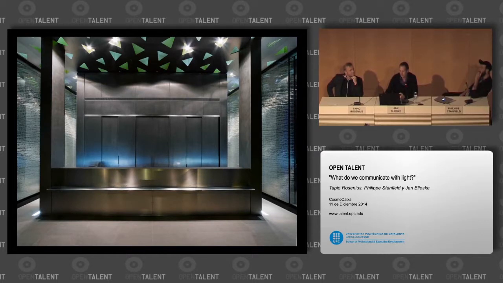So this is how we as lighting designers come to our design, looking at what the architect's intent was, and how we can emphasize this, or how we can approach showing the main intention.